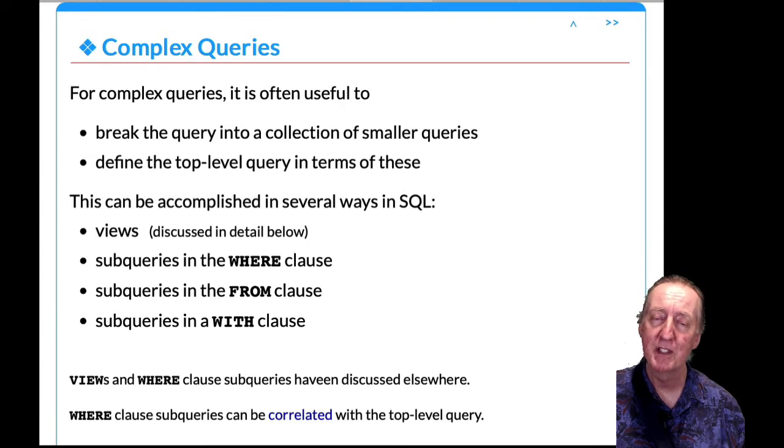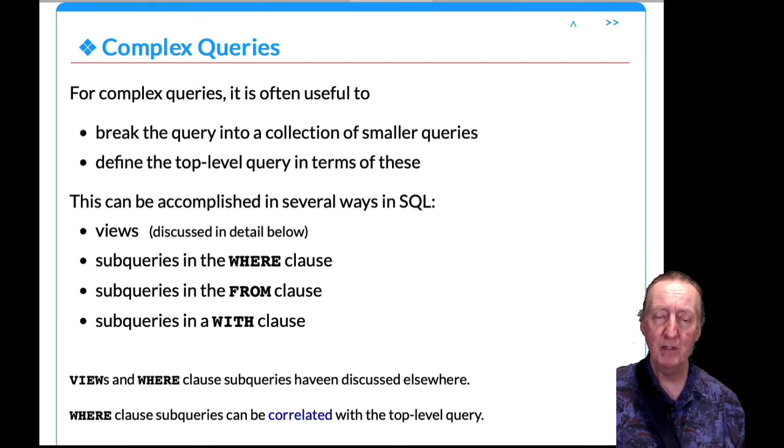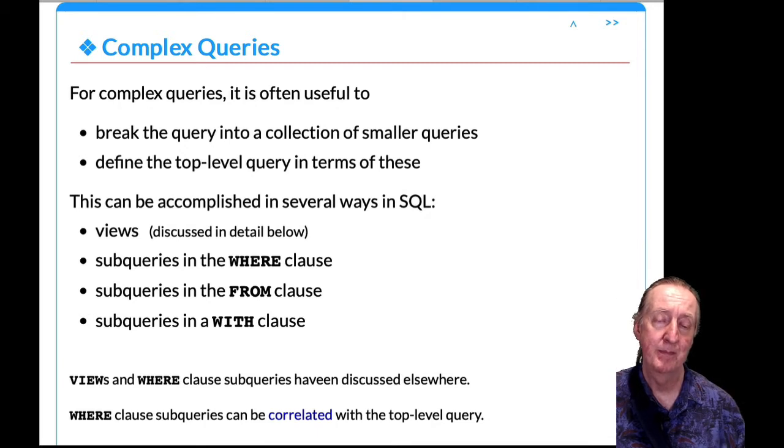All right, now it turns out there are a number of different ways that you can glue queries together in SQL. Views, we've already talked about. You can write subqueries in the where clause. I talked about that briefly. You can write subqueries in the from clause, which is something we haven't looked at yet. And there's also a with clause, which allows you to package up queries.